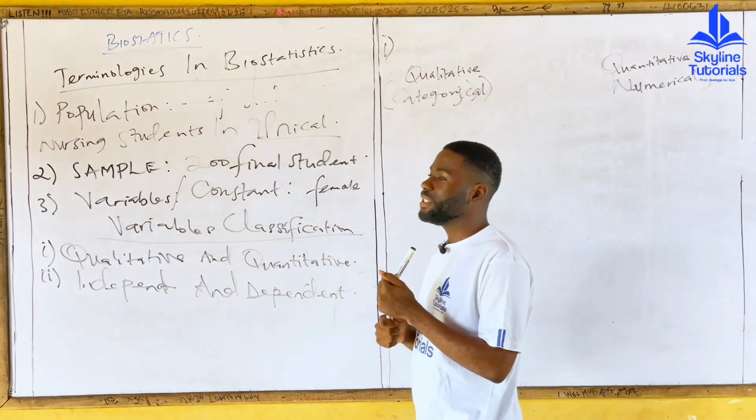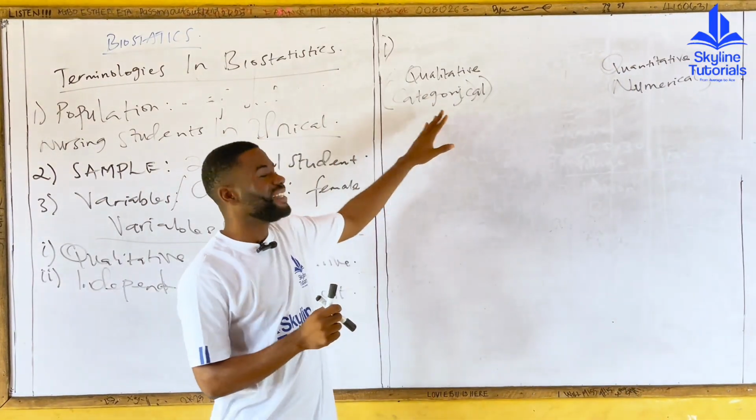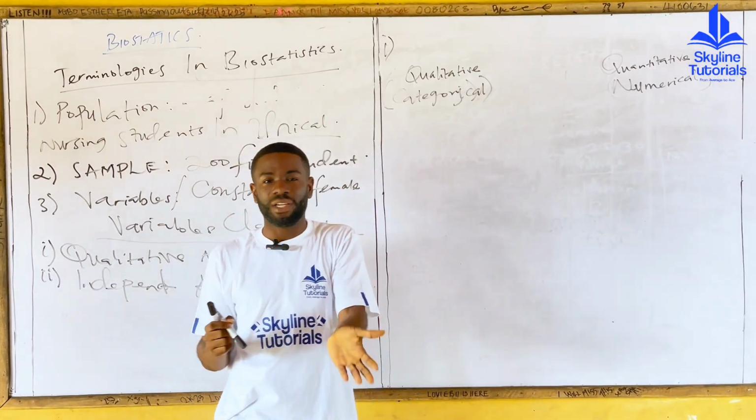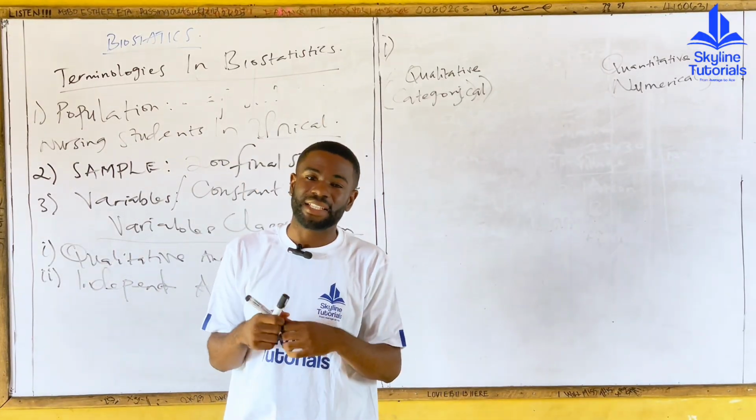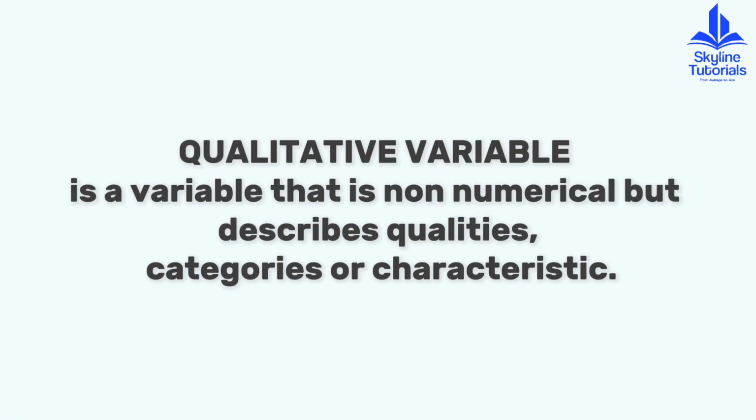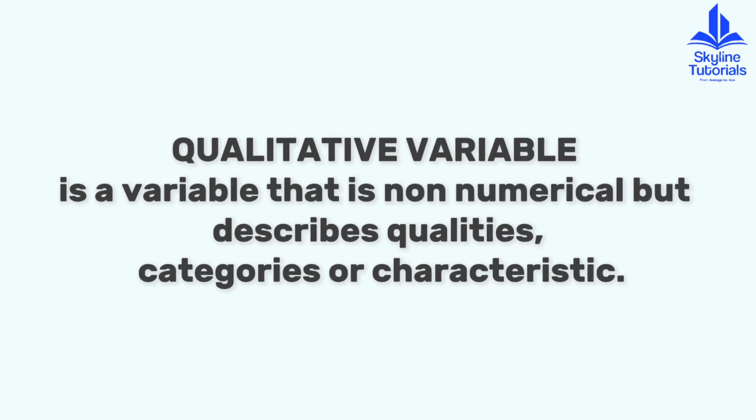So let's look at what they entail. Qualitative, talking about qualities, features, what you can see. So a qualitative variable is simply any variable that is not numerical but differs from person to person. It is the qualities or any observable trait seen that is not numerical. Underline the word non-numerical. Take note.